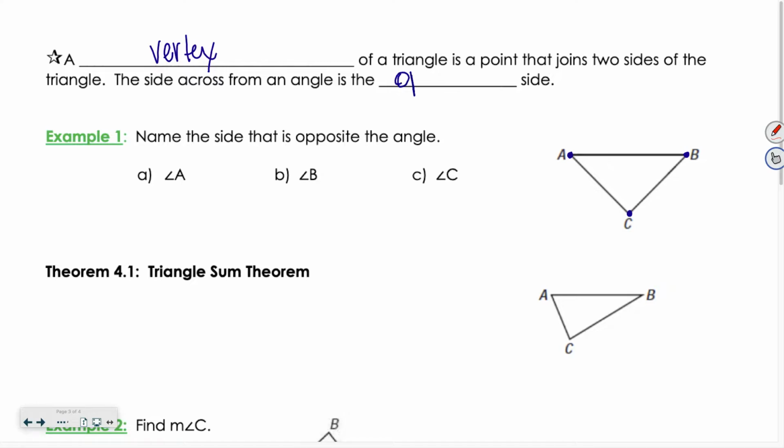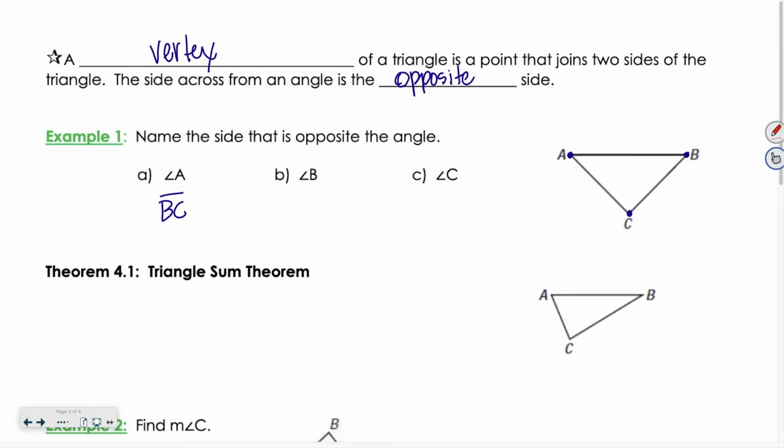Now this becomes important when we talk about isosceles triangles in a minute. So what is the side that is opposite angle A? BC, or CB. So it's a line segment. Put the line segment on top. So BC is opposite angle A.